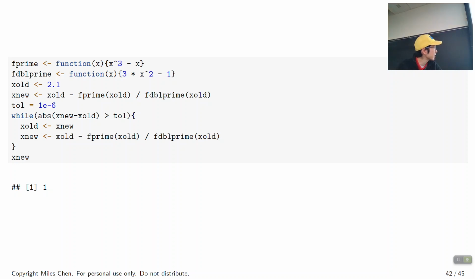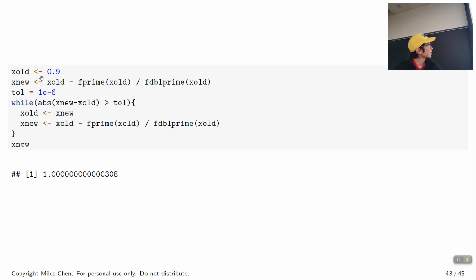Let's try a different starting location. So instead of starting at 2.1, what if I start at 0.9? Starting at 0.9, I end up finding a critical value at 1.0003, so pretty much 1, okay? And so that will also be one of the solutions, okay?